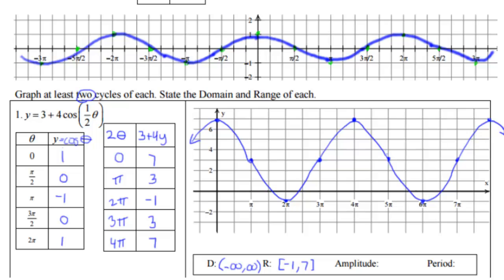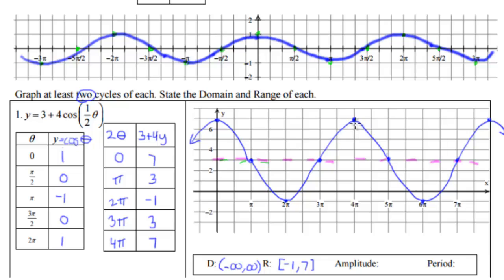The amplitude is the distance from this midline. That color's not showing up very well. The distance from this midline. This isn't an asymptote, it's just the middle of the function, such that half the function is above it and half the function is below it.